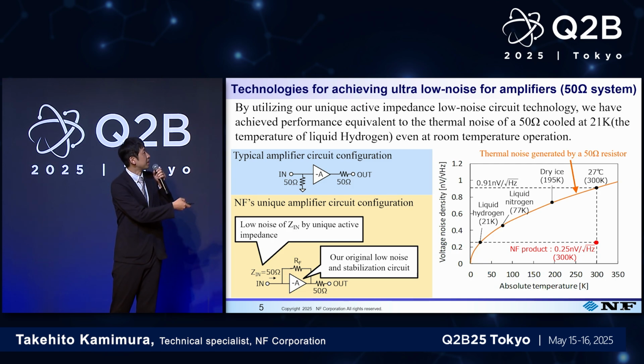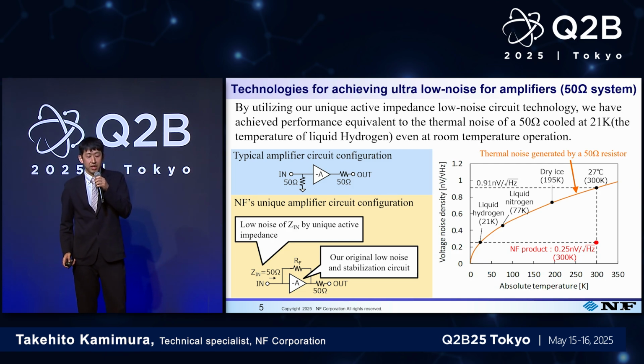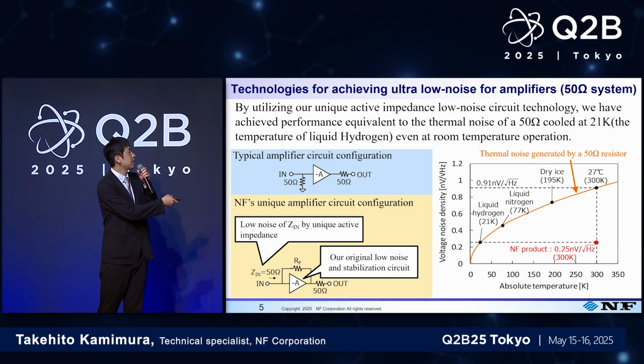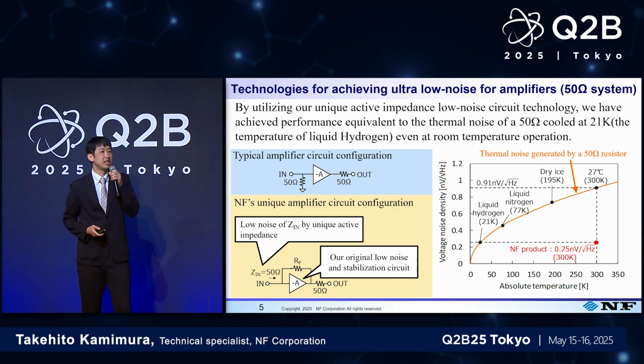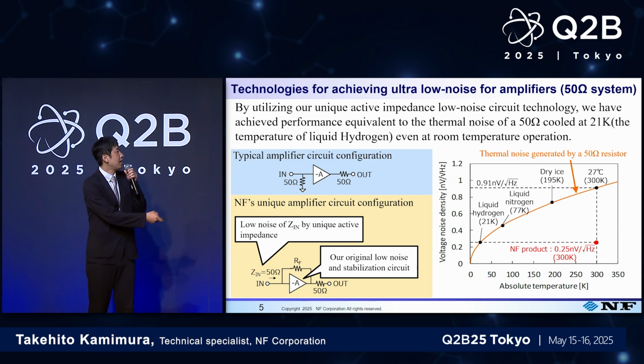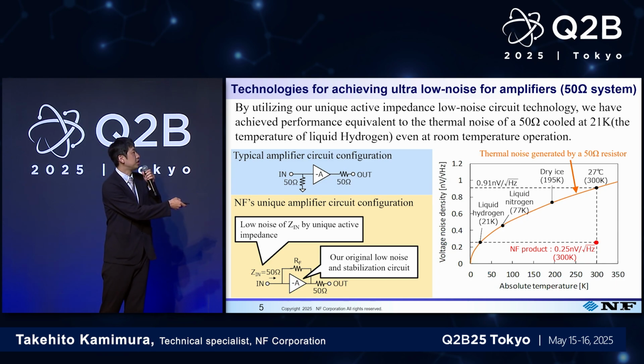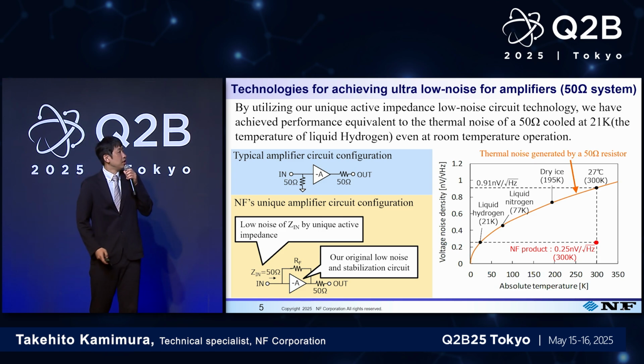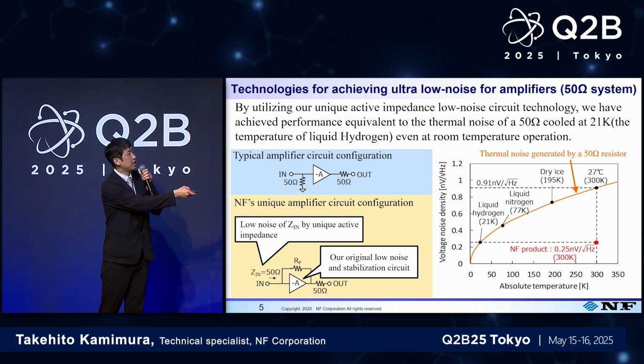But if you look at our company's circuit configuration, we use the active impedance method. So input is set at 50 ohm, and at the same time, heat noise can be minimized. And the amplifier has a unique low noise design, and due to that we can have less noise.